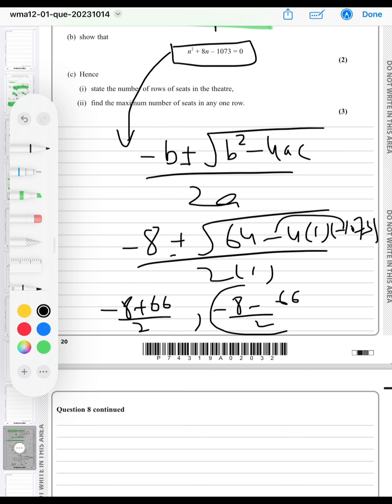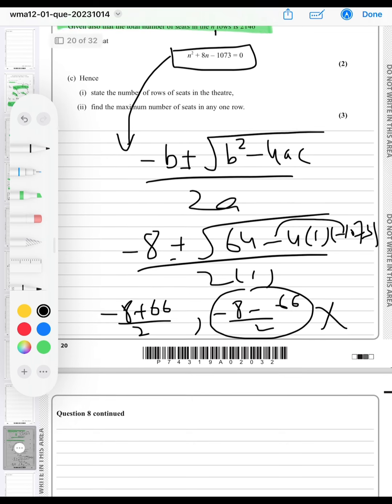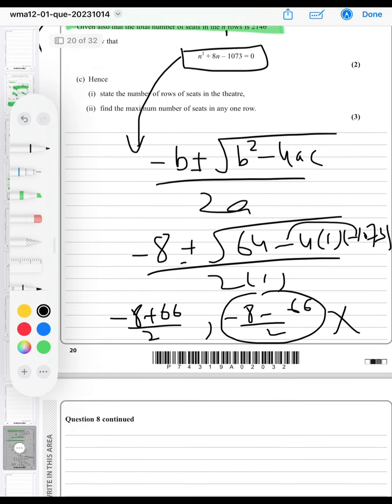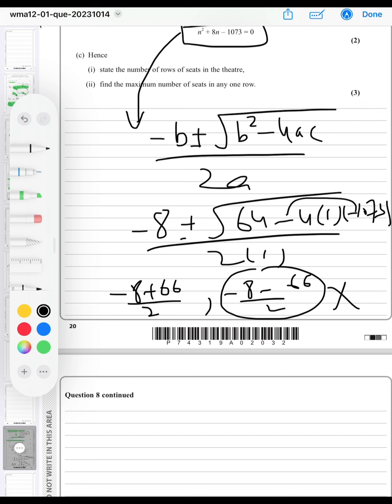The minus output we will ignore, because n is representing the number of rows, and rows can't be negative. So 66 minus 8 divided by 2 will result in 29.